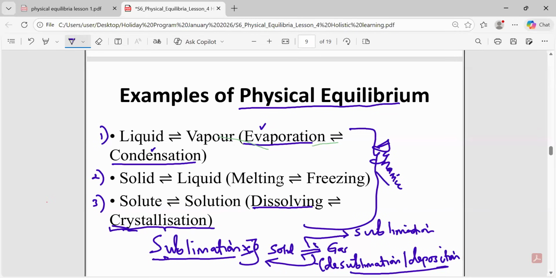As we continue to look at physical equilibria, these are different phases that we shall be looking at: a liquid to a vapor, a solid to a liquid, or a solid to a solution.